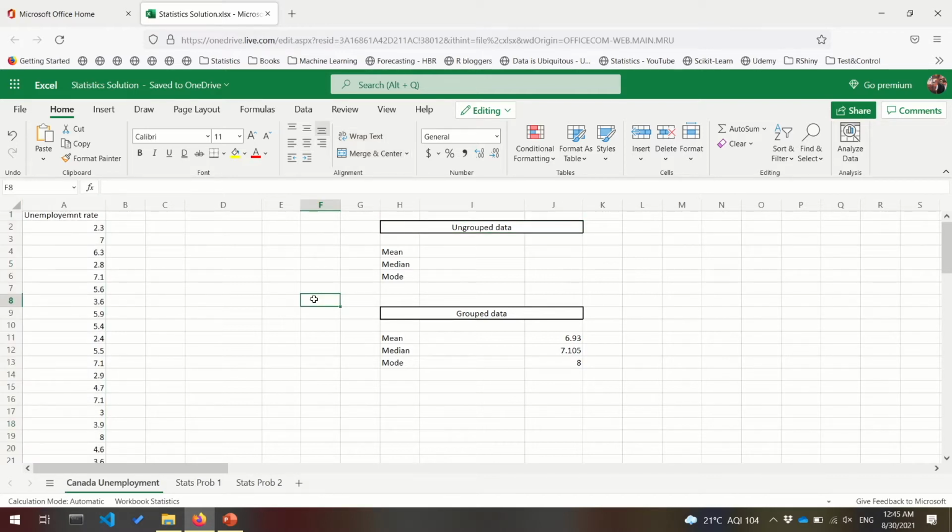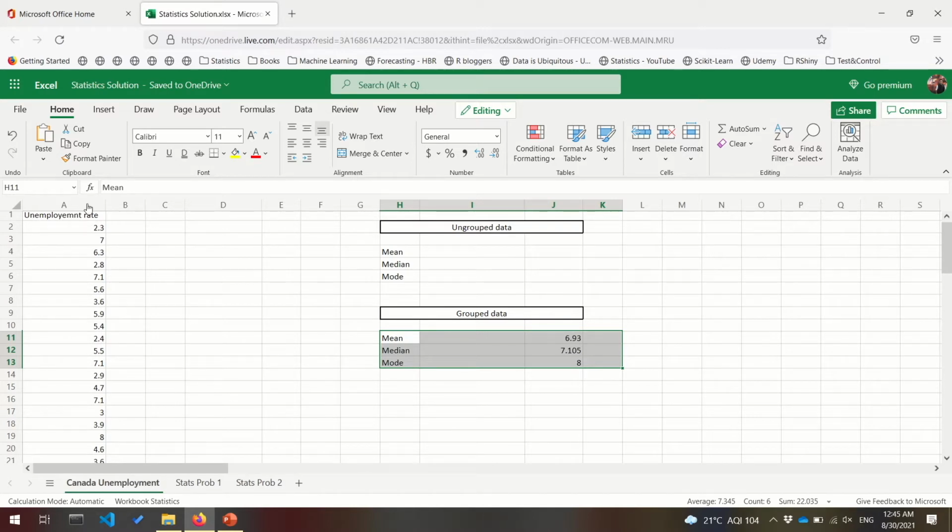Towards the end of the chapter, we saw that there is grouped data also, and there are formulas written for how to find the mean, median, mode of grouped data. So I'm not doing the analysis on the grouped data. I just copy pasted the results from the book.